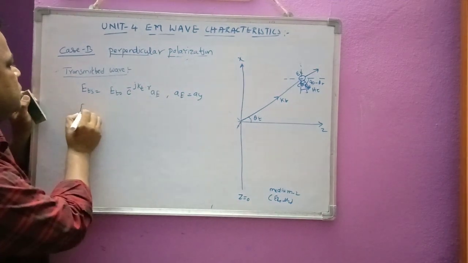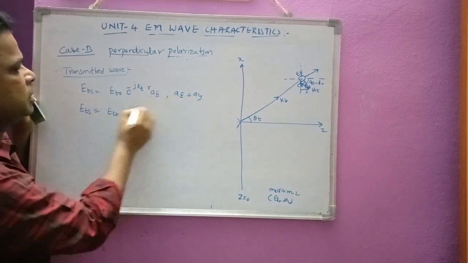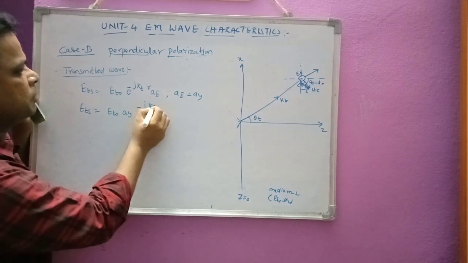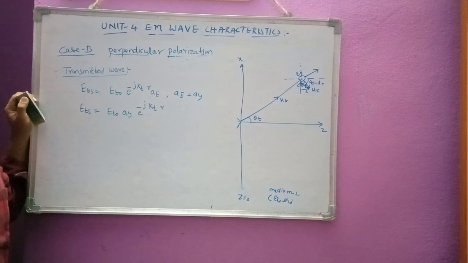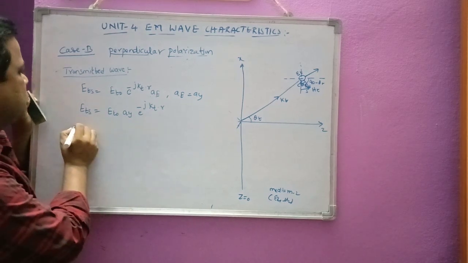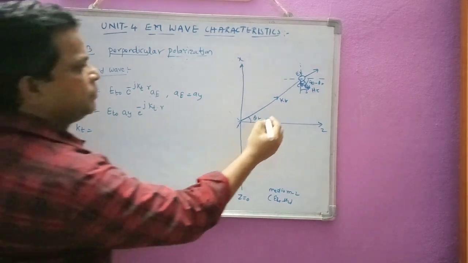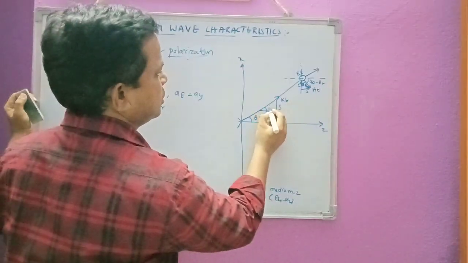Now I can write the equation for ETS as ETS is equal to ET naught into the direction AY into e power minus j kt dot R here. Now kt dot R is going to be the same equation, so I will write kt here. For this I have to resolve this component into cosine component and sine component with theta t.